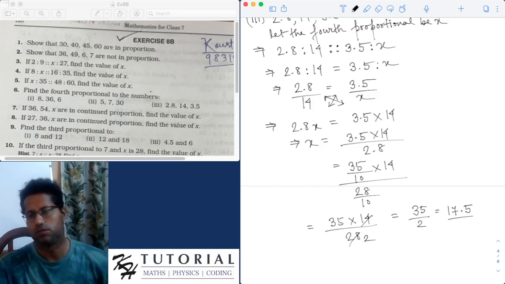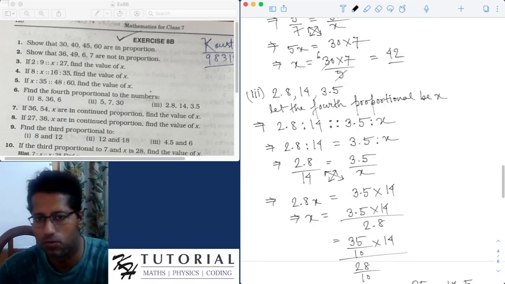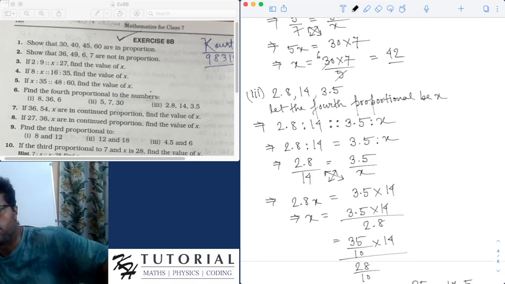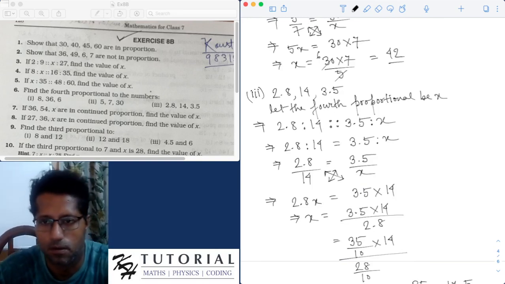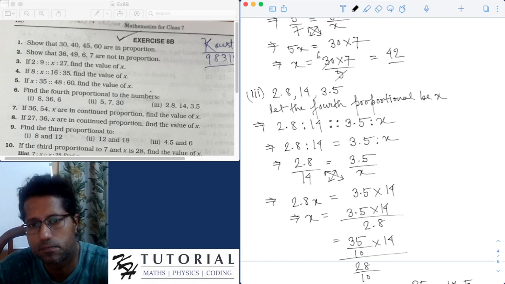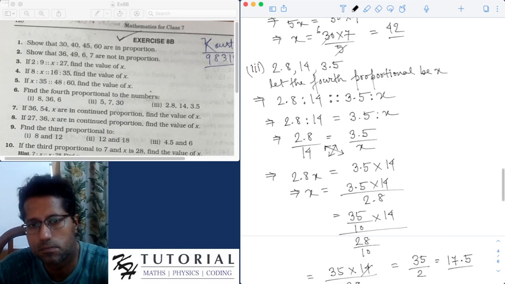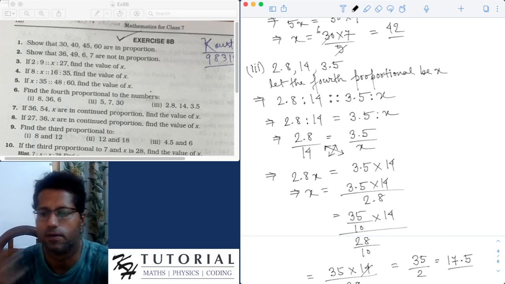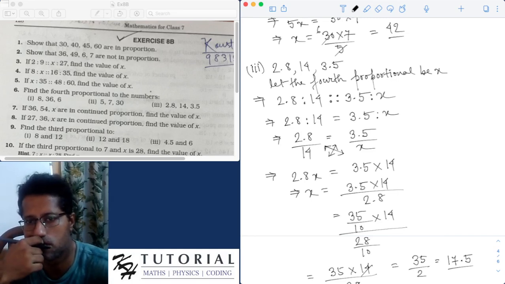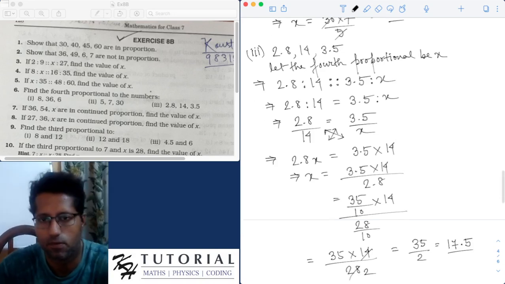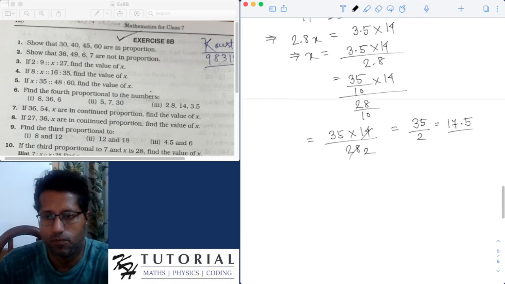So 17.5 is the fourth proportional to 2.8, 14 and 3.5. Okay. Let's do problem number 7.